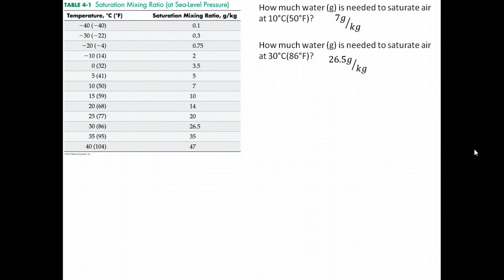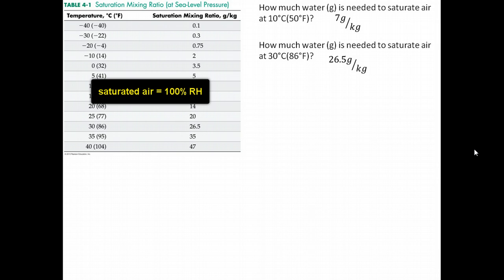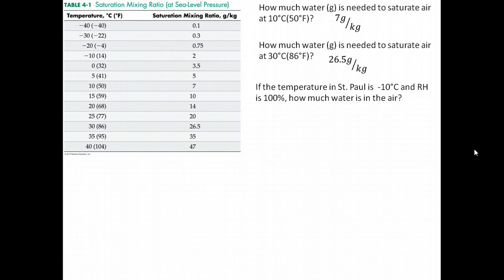That is the maximum amount of water that the air can hold at that temperature. And if the air was holding that much water at that temperature, we would say that its relative humidity was 100% or that it was saturated. Those things are equivalent.